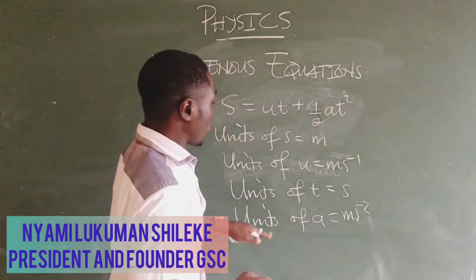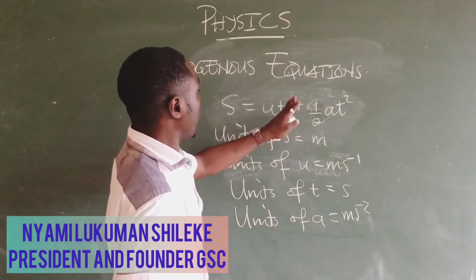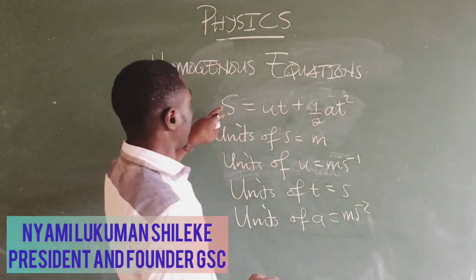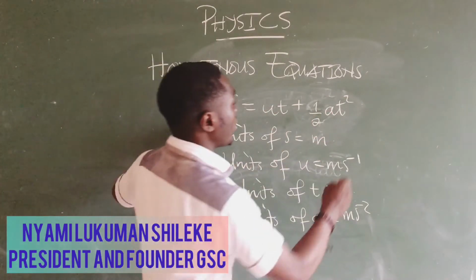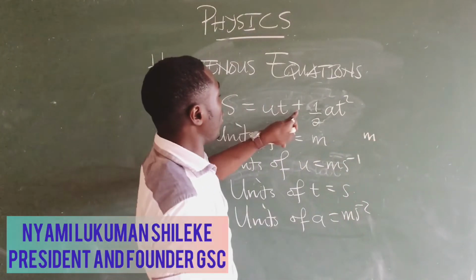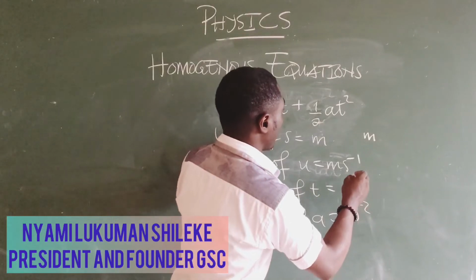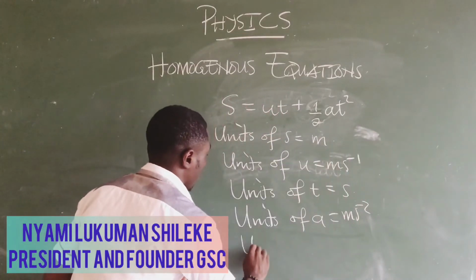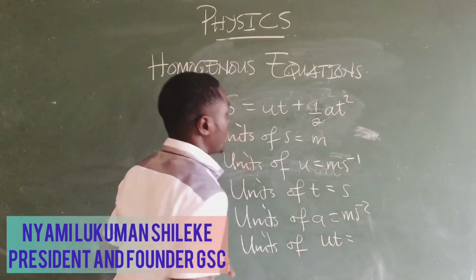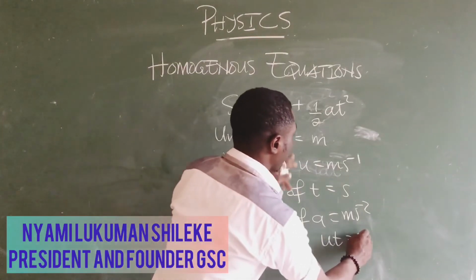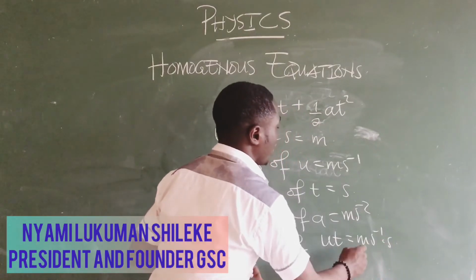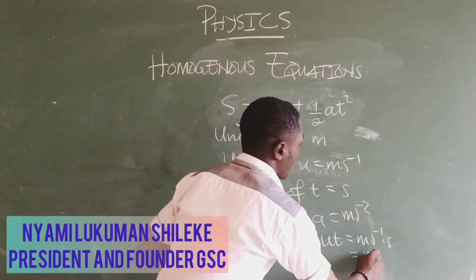So if I have this, then for me to prove that this equation is homogeneous, I can say, according to units, the units of s is the meters. The units of ut equals meters per second times a second, which is going to give me the meters.